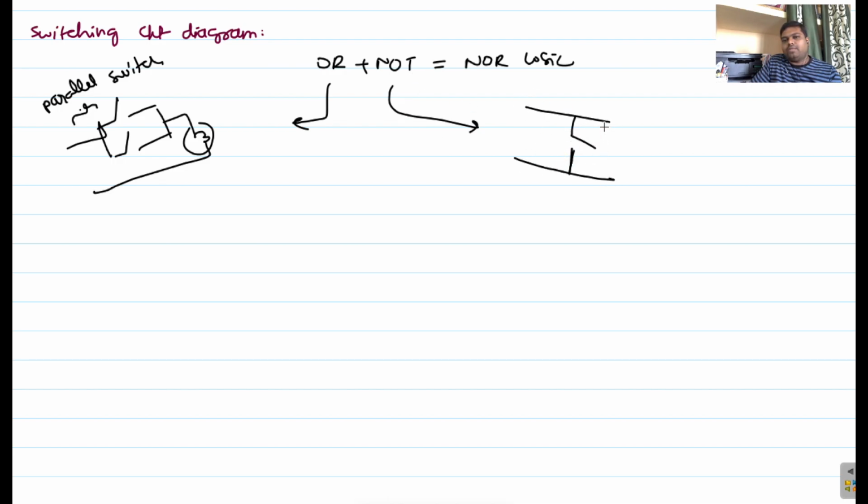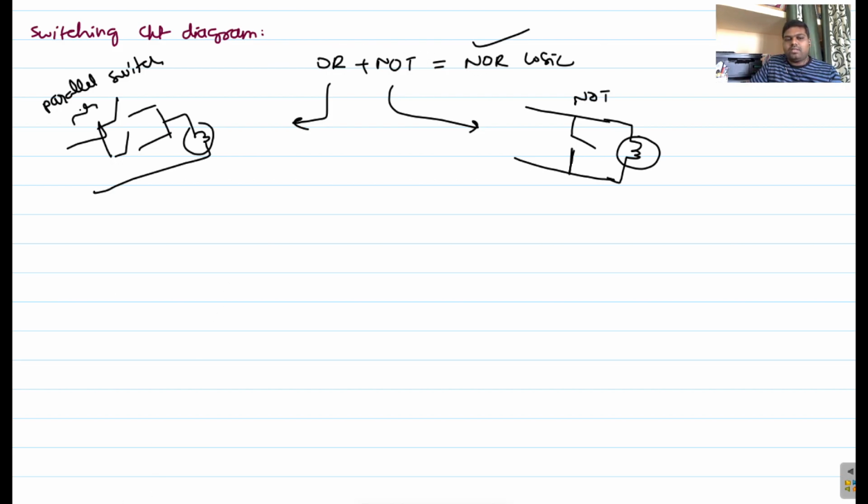One parallel switch gives the NOT logic. So a combination of these two provides the NOT logic. Here we have a parallel switch configuration, and if you take this parallel switch configuration in parallel mode, then we get our NOR logic.